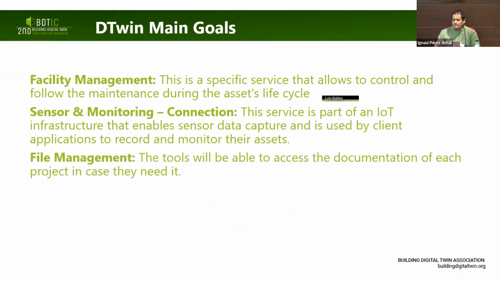In the same way, with the asset data we can deal with another facility management, and it connects with other services, with the sensor monitoring, through the IoT services that already exist. The application also has one model that helps to store the data from the building.